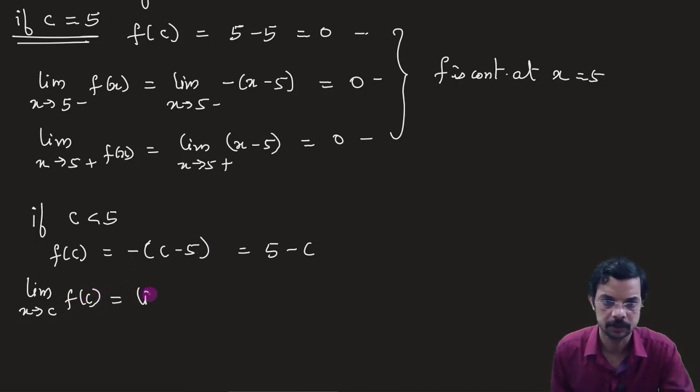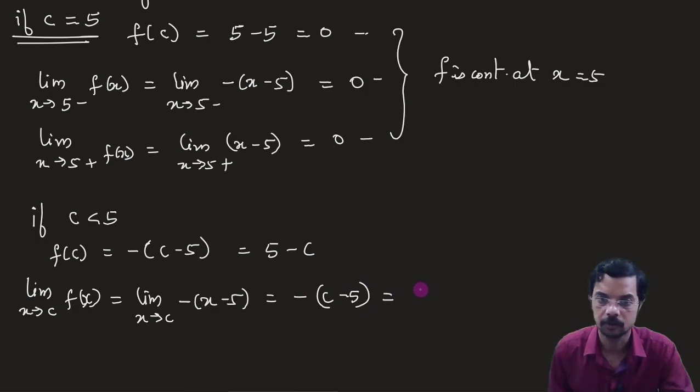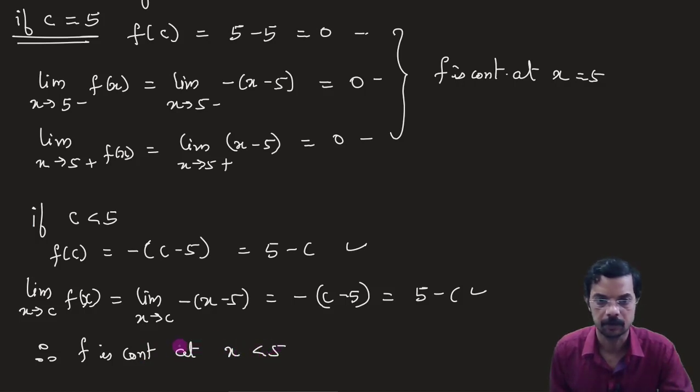That is equal to limit x tends to C, f of x will be equal to minus of (x minus 5), and that is equal to minus of (C minus 5), which is again equal to 5 minus C. We can see that this value and this value are equal, and therefore f is continuous for x less than 5. Same way we can show for x greater than 5.